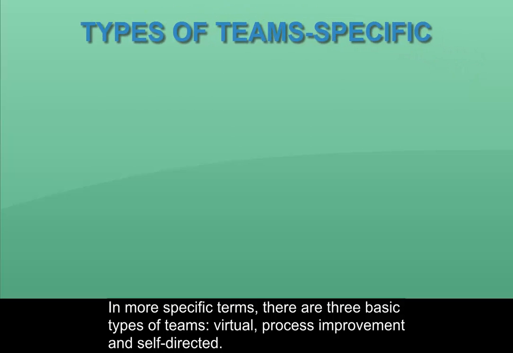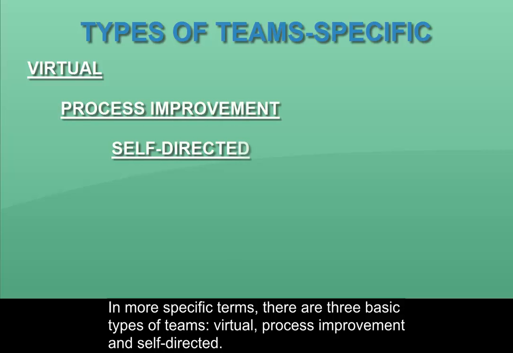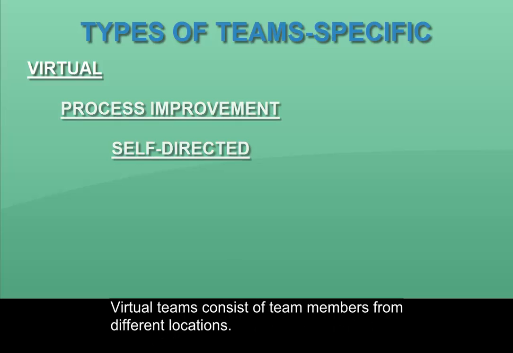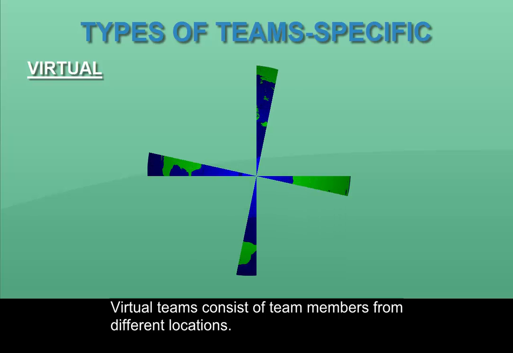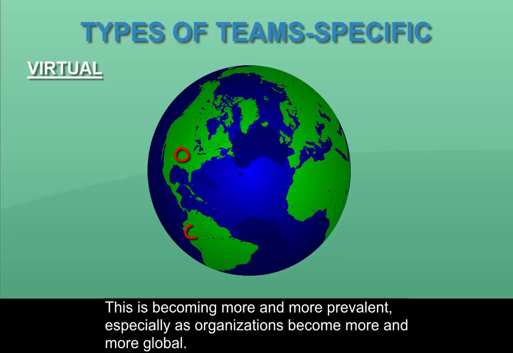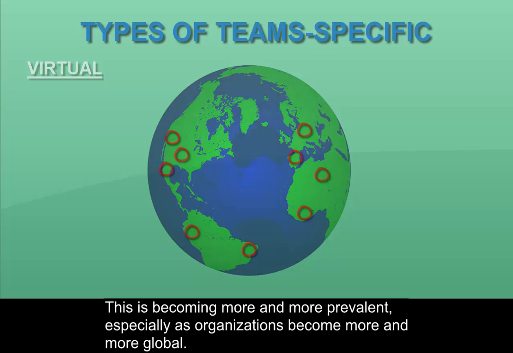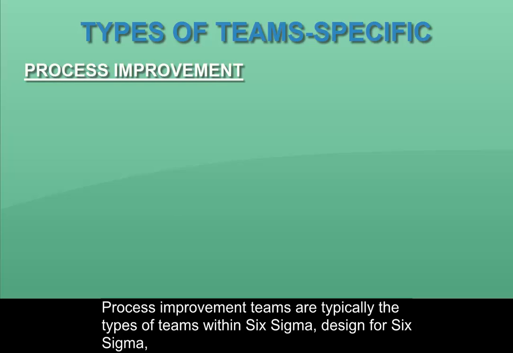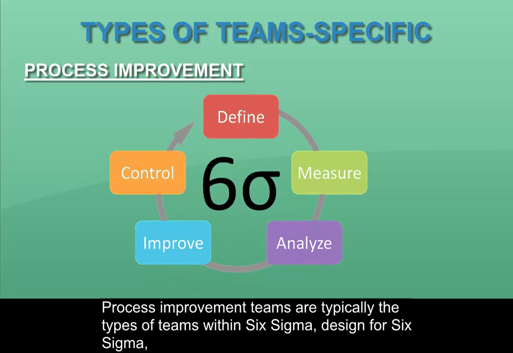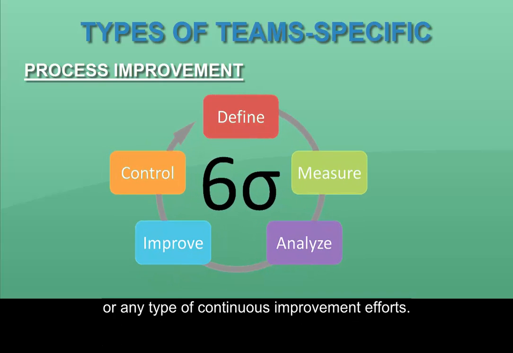And then in more specific terms, there are 3 basic types of teams: virtual, process improvement, and self-directed. Virtual teams consist of team members from different locations, and this is becoming more and more prevalent, especially as organizations become more and more global. Process improvement teams are typically the types of teams within Six Sigma, Design for Six Sigma, or any type of continuous improvement efforts.